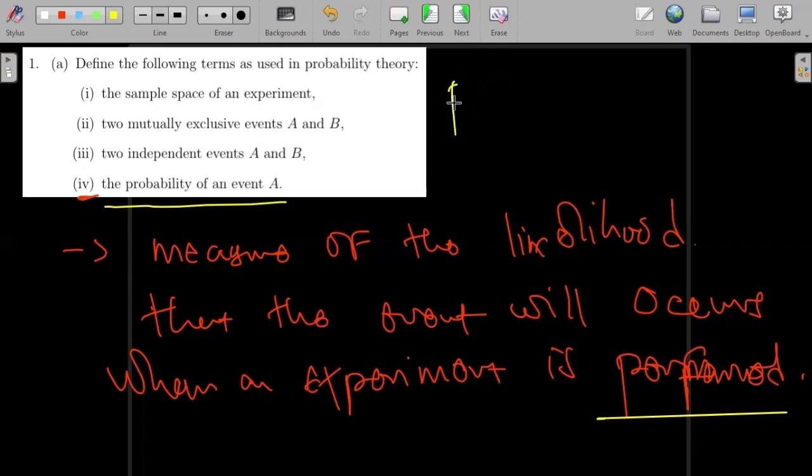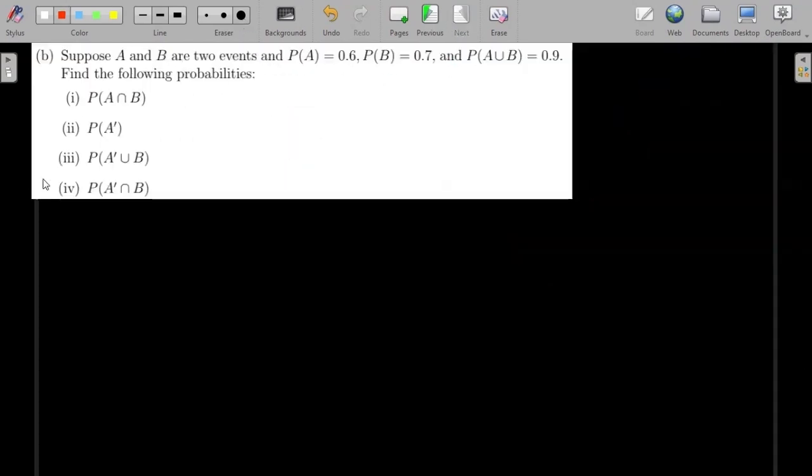So the probability of an event A will simply be equal to the number of ways the event can occur divided by the total number of possible outcomes. All right, so that's the definition there. And then we can now go to some questions where I'll be applying it.